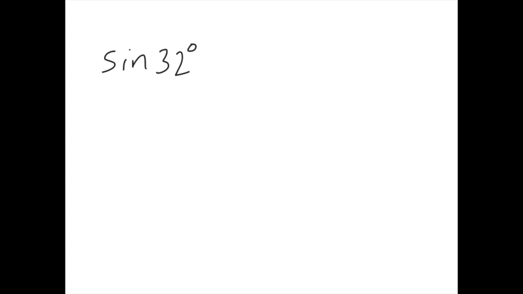So, for now, you need your calculator in degrees. All calculators are very different, but usually somewhere on your screen you want to see something that looks like this, DEG, meaning degrees. If that is highlighted, then you are most likely in degrees.